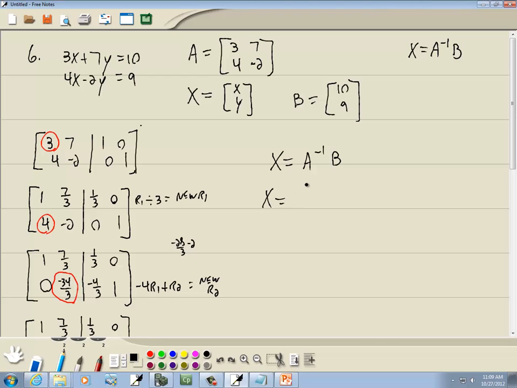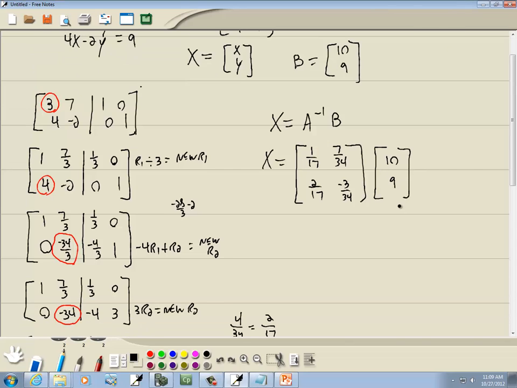Okay, so our inverse, assuming I wrote it down correctly, is 1/17, 7/34, 2/17, and negative 3/34. And we want to multiply that times b. Well, b was 10/9. Okay, so let's multiply that together.